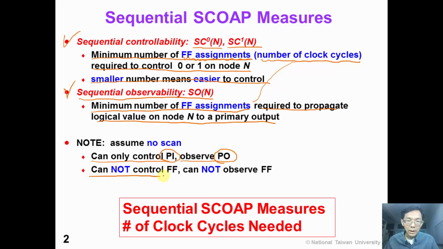We cannot control flip-flops, and we cannot observe any flip-flop. That means there is no scan DFT in the circuit. In summary, sequential scope testability measures the number of clock cycles needed to control or observe a signal.